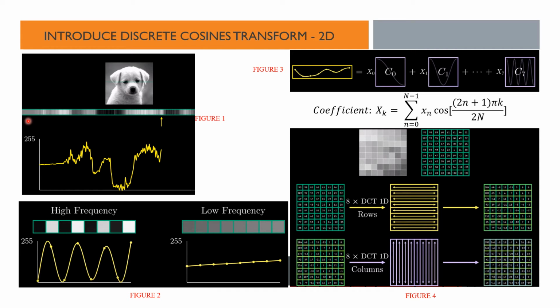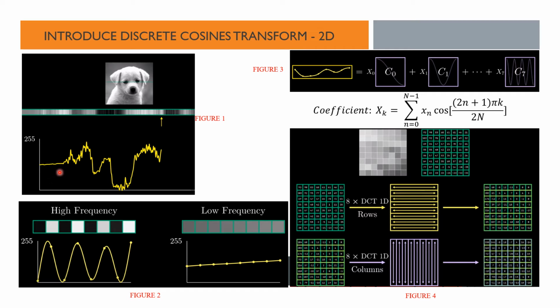If we plot the horizontal line of pixels into a chart, we can get a random discrete signal like the yellow line here, with the whiteness having a high value and the darkness having a lower value.